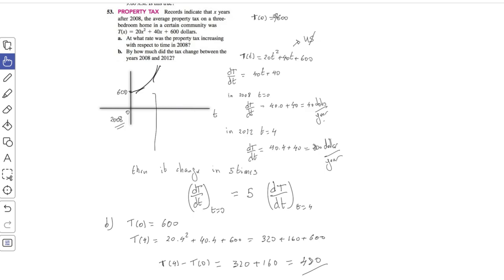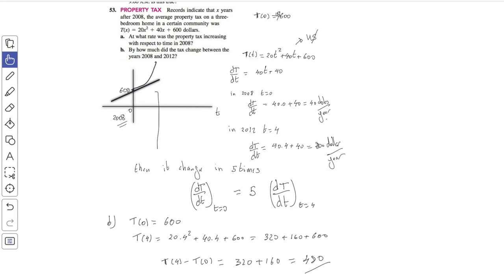It means that at 2008, the graph starts like this, and the slope is something like this, and the amount of slope is $40 per year. It means that for this straight line, if you advance 1 year in time, you earn $40.